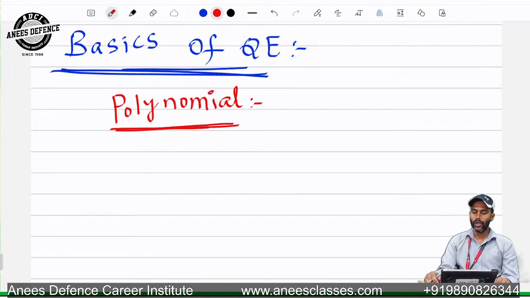Okay. So now let us talk about polynomial expression only. I'm going to give you some expressions, and you have to just identify whether the given expressions are polynomial expressions or not. Or in short, I am just giving you some combinations of constant and variable, and then you need to tell me which one of them is polynomial expression and which one is not.